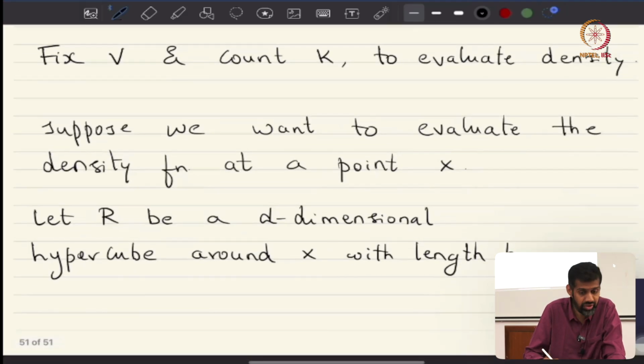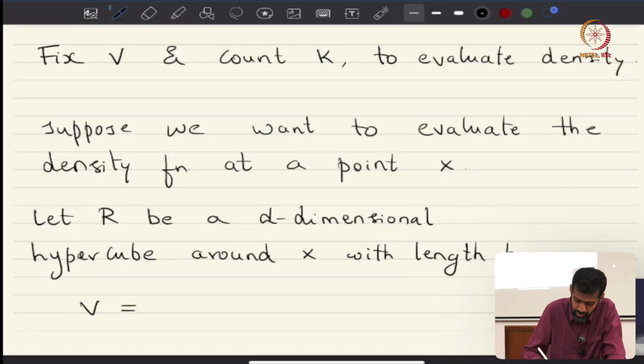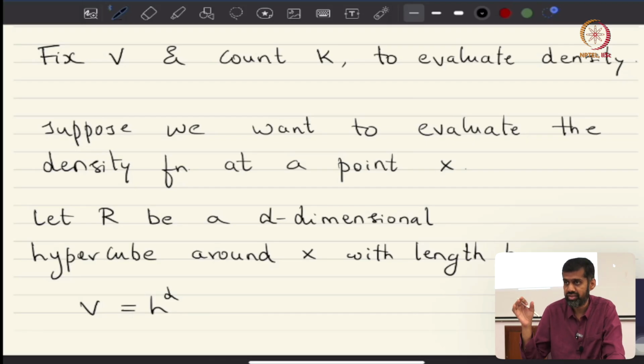What is the volume of this? It is h power d. We are looking at a d-dimensional space and we have a hypercube of length h. Volume is h power d.